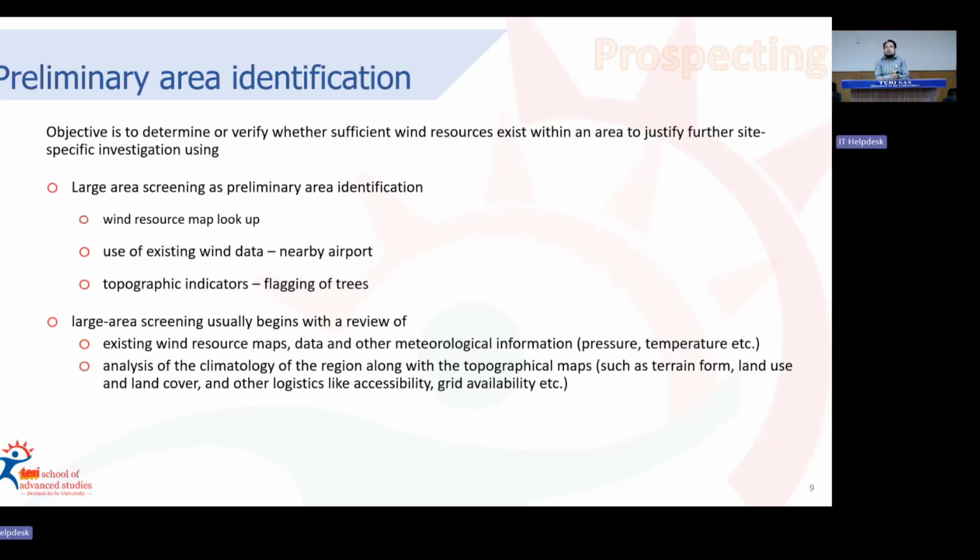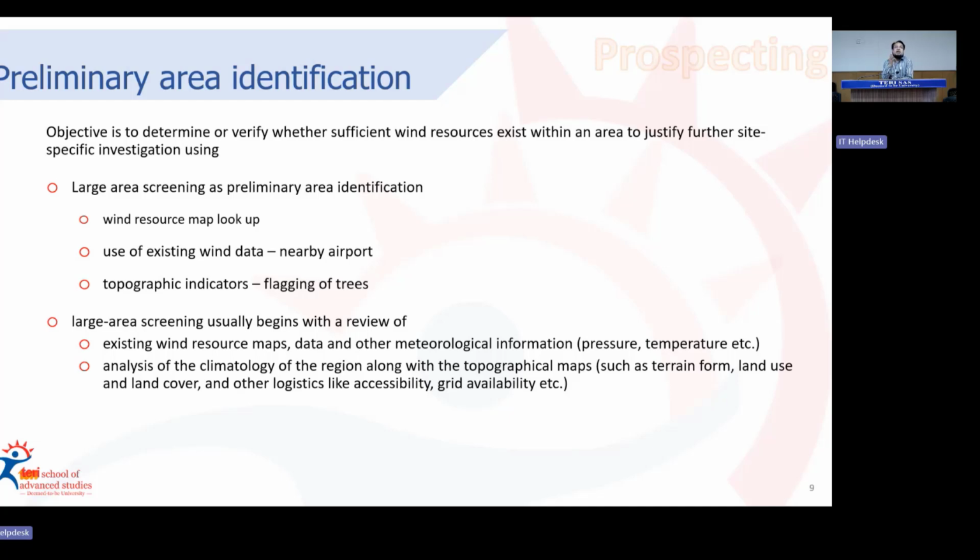In prospecting, the first step is preliminary area identification, the objective of which is to determine or verify whether sufficient wind resource exists within that particular area in order to justify further site-specific investigation. It is very important that in the preliminary area identification, we will be screening a large area.